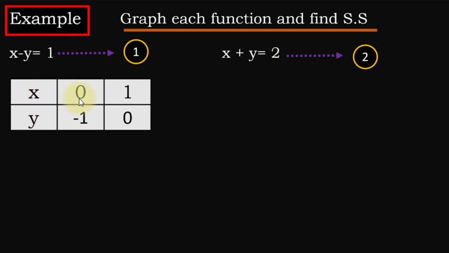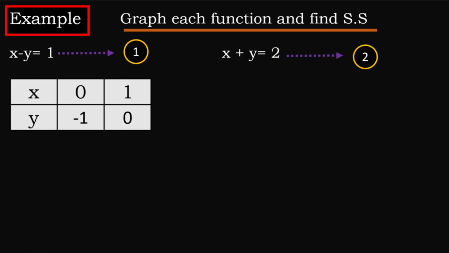Just put x equals 0. Then negative y equals 1, we divide by negative 1, so y will be negative 1. And if we put y equals 0, x will be 1. So we have two ordered pairs, (0, negative 1) and (1, 0).